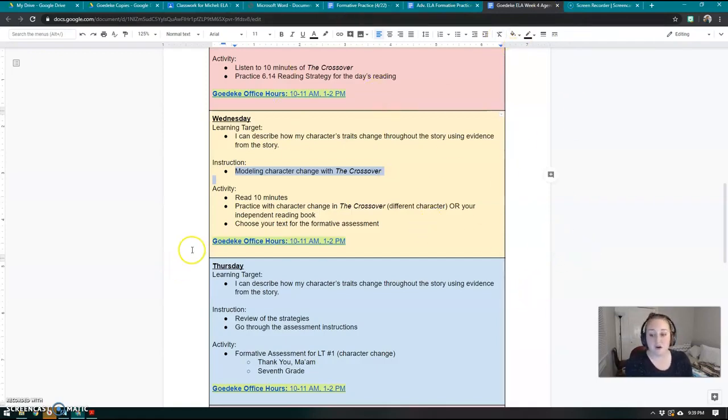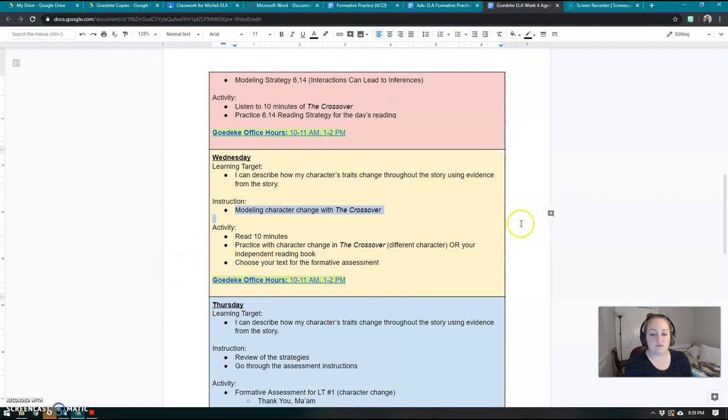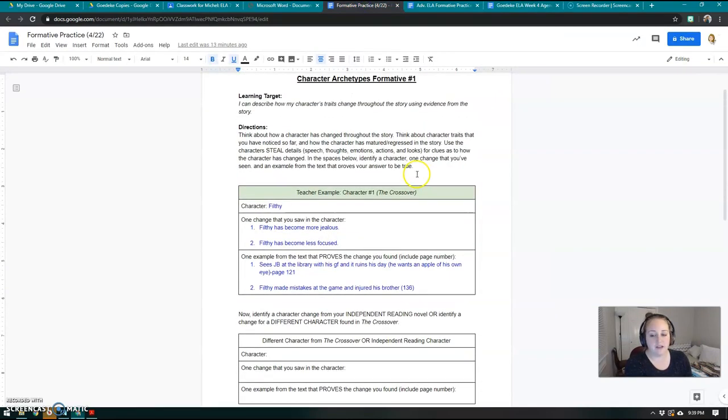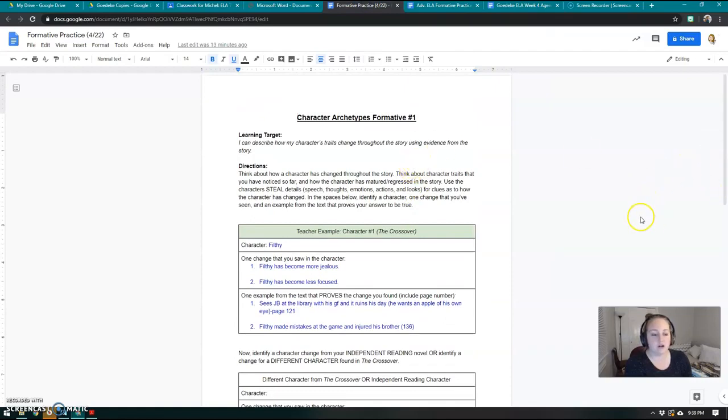Your formative assessment, whether you are in advanced ELA or just ELA 7, is exactly the same. There are just different short stories, because your assessment tomorrow is going to be based on some short stories.